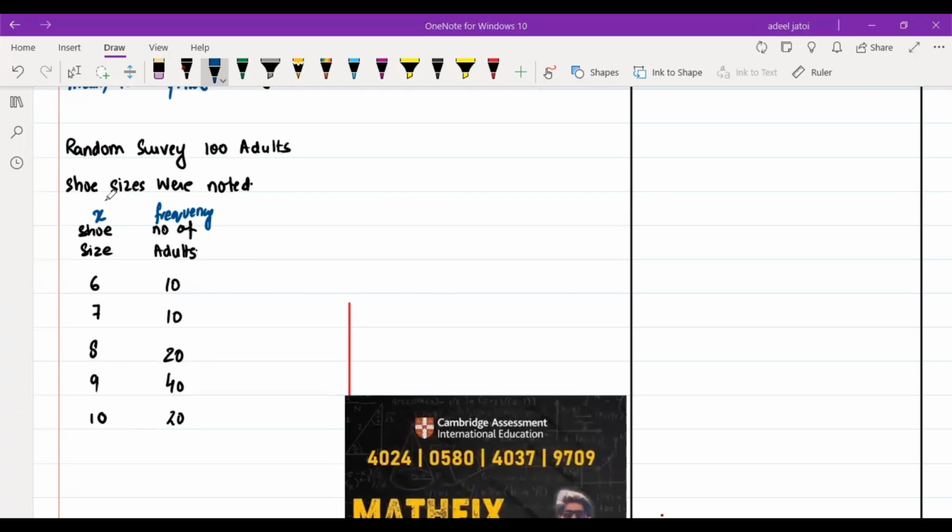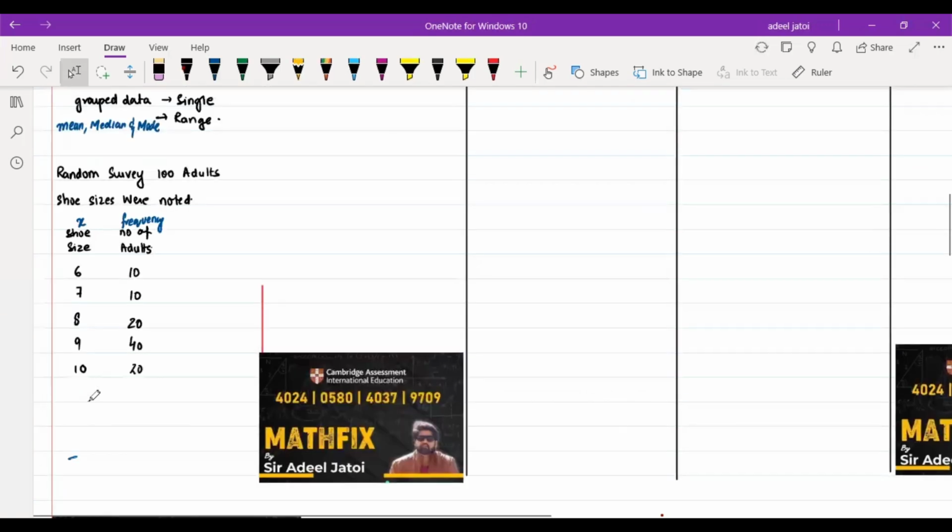Now, the entire question is based upon the data that is given, and the question will be such that: part A, write down the modal shoe size. This is your single data.